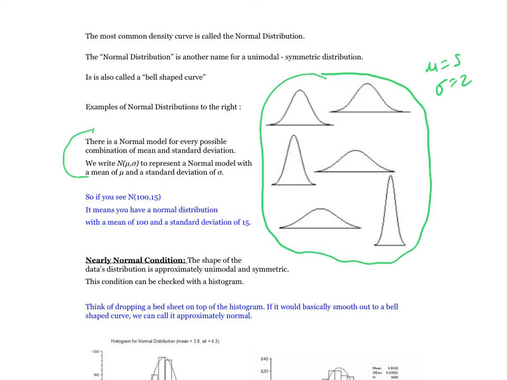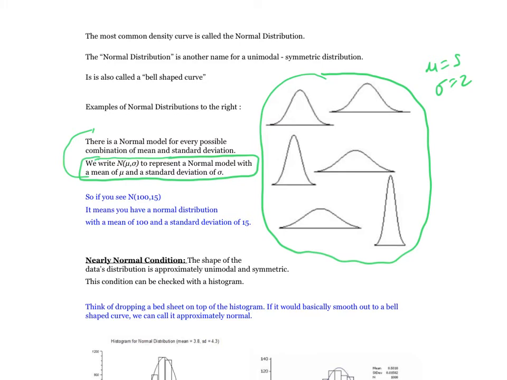You'll see this notation in this paragraph right here in the middle. When we write N, and then parentheses, mu and sigma. Remember, mu is the population mean and sigma is the standard deviation. And if the N's capital, that means it's talking about a normal distribution or a normal model with that mean and that standard deviation.